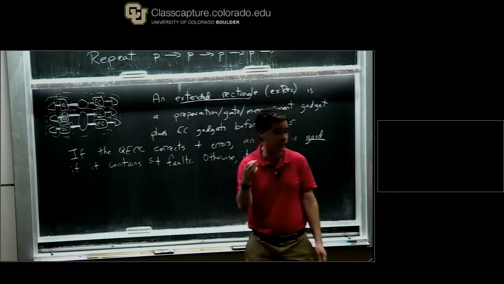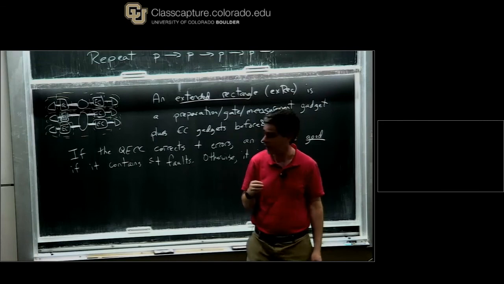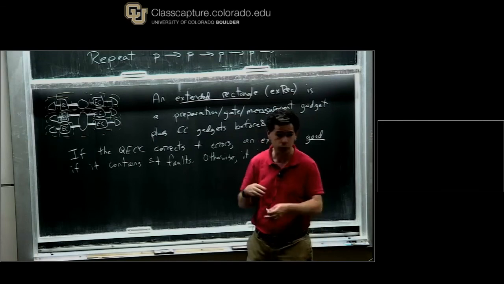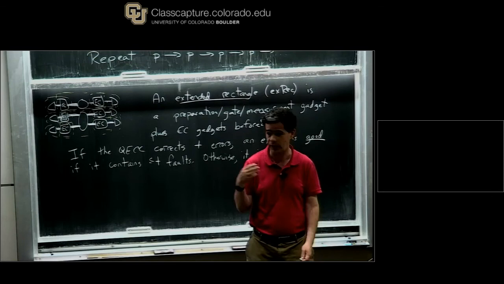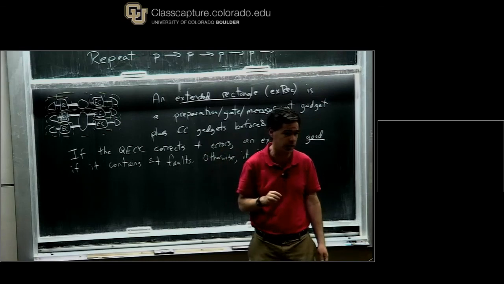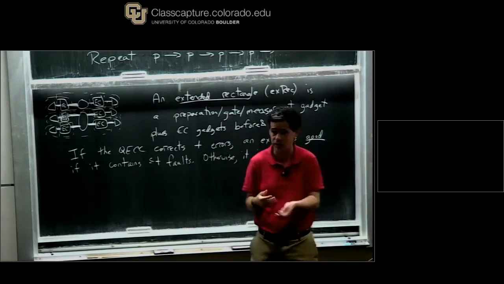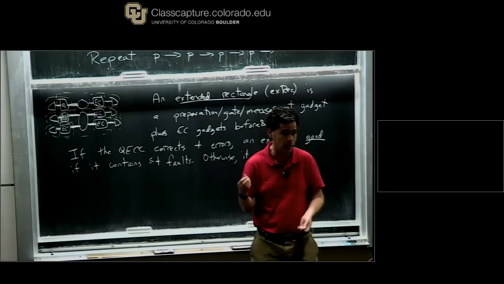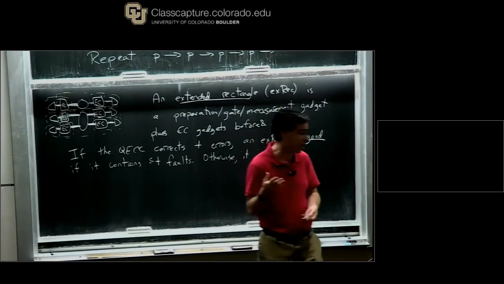But you will still get some leakage errors. And if you don't do anything about them, that will eventually kill your computation, because all your qubits can slowly leak out of your computational space. And if you never return them to the computational space, then you're left with nothing. But luckily, it's not so bad in reality.